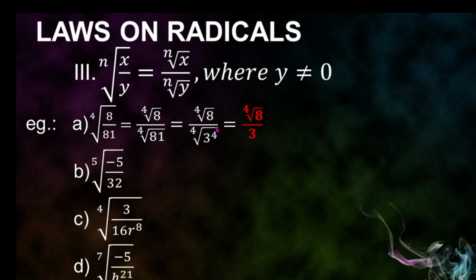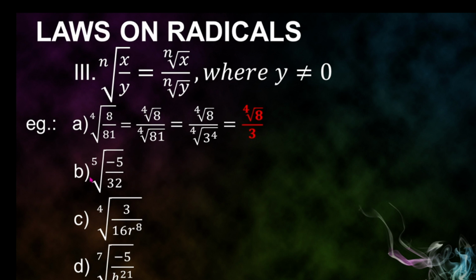The numerator cannot be simplified since 8 is not a perfect fourth power, so we just copy it. While for the denominator, since 81 is a perfect fourth, we can rewrite 81 as 3 raised to 4. Therefore, the exponent of the radicand and the index are the same, so we cancel them. So therefore, we have the fourth root of 8 over 3.